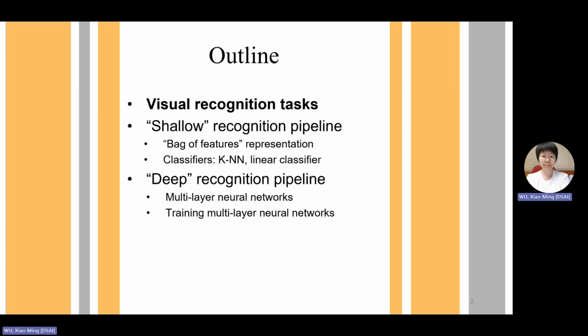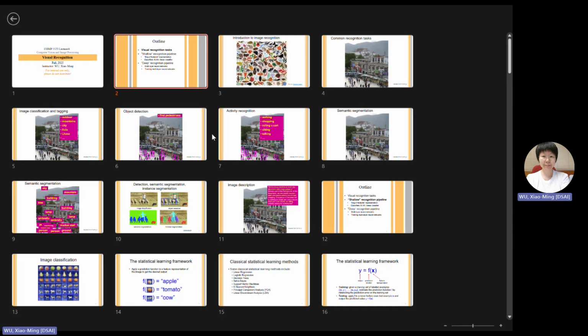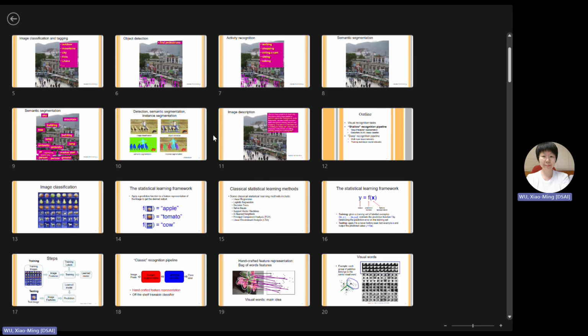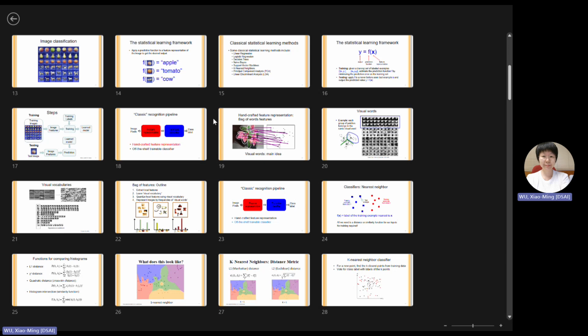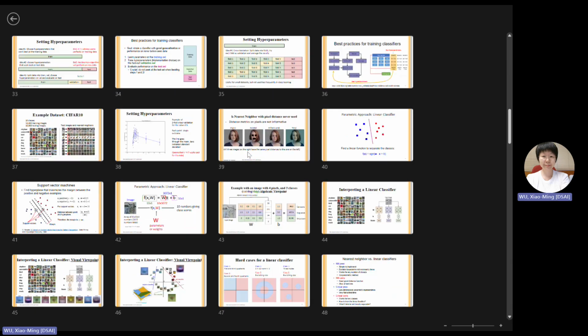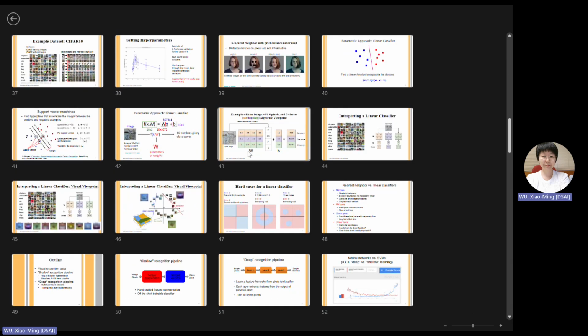Okay, guys, good evening. Today we're going to talk about visual recognition, including some typical recognition tasks and a look back at classical statistical learning methods, as well as a typical training pipeline for machine learning models.